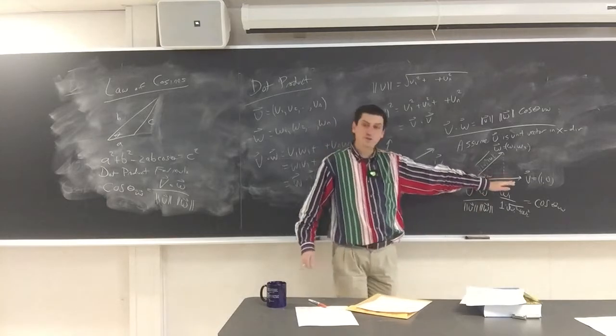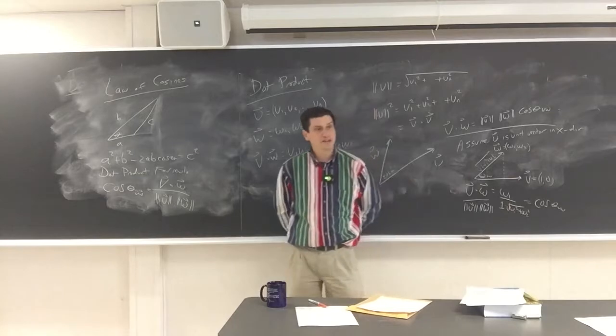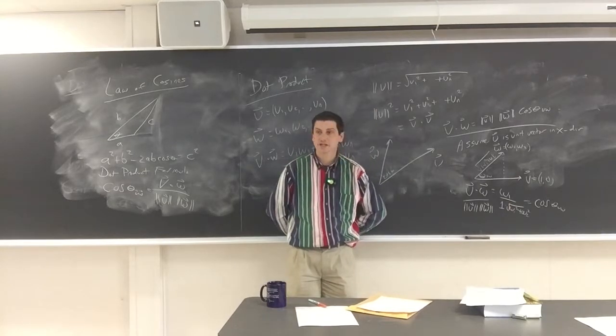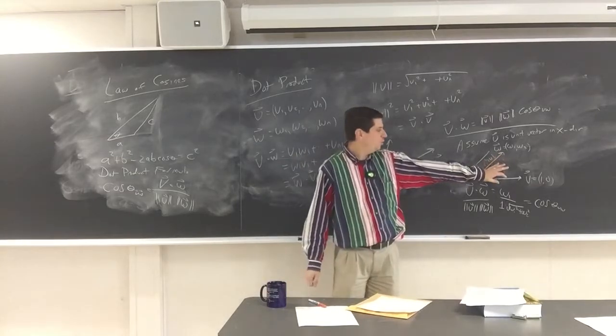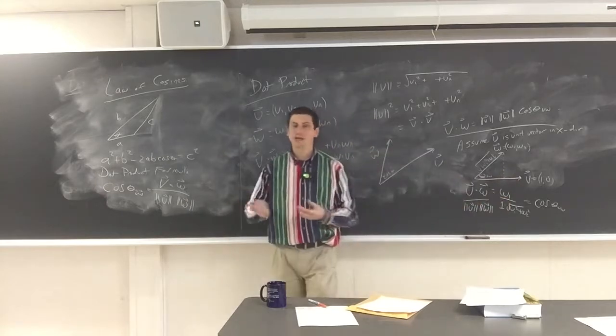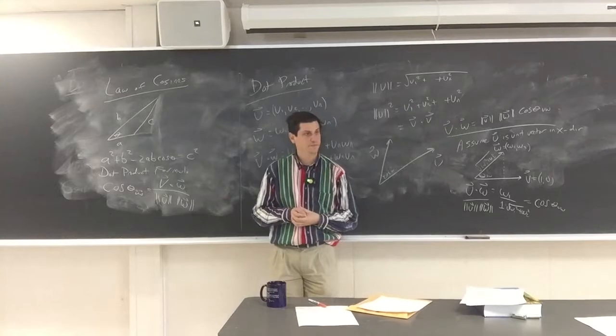Did we need to assume v was unit length? No. We've already argued that we can rescale v and the things will still hold. But it is crucial in this picture that v is in the direction of the x-axis. This is where, if you knew linear algebra, you would then say, well, we've proven that it holds when one vector is in the direction of the x-axis. Now let's show that if we apply rotation matrices, that the result will hold in general.